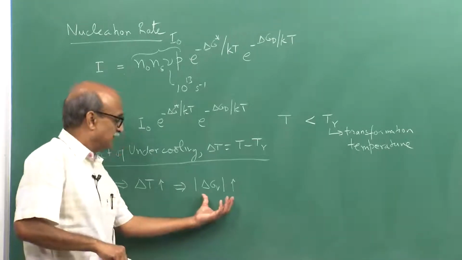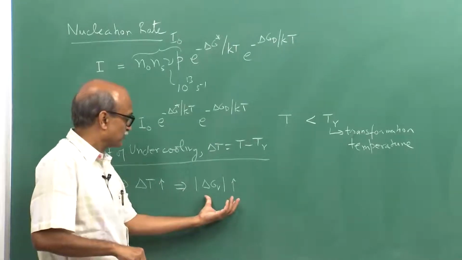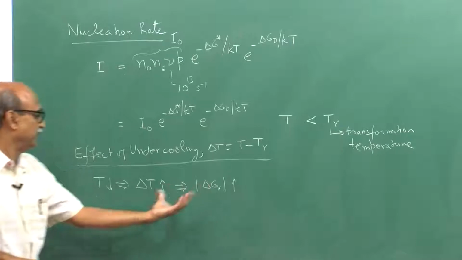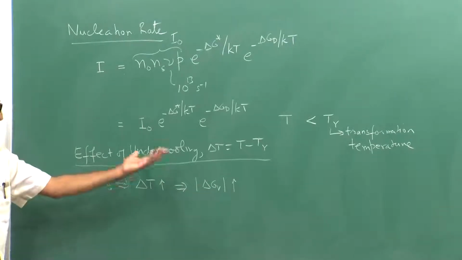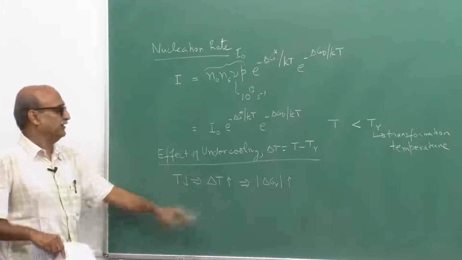And you can go back to part 1 of the course to understand why the absolute value of delta GV would increase as your undercooling increases.